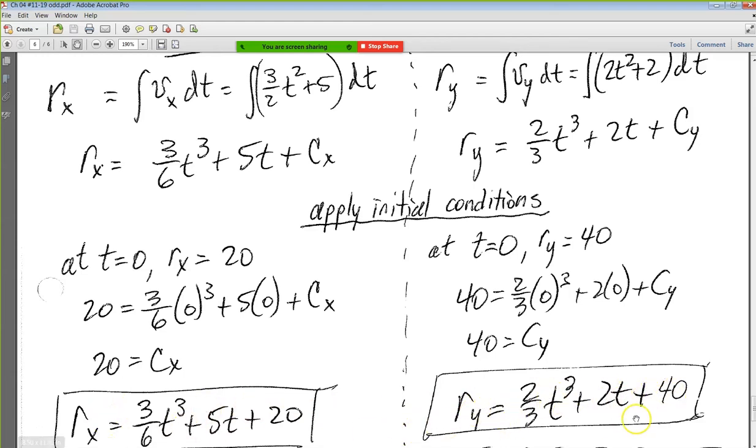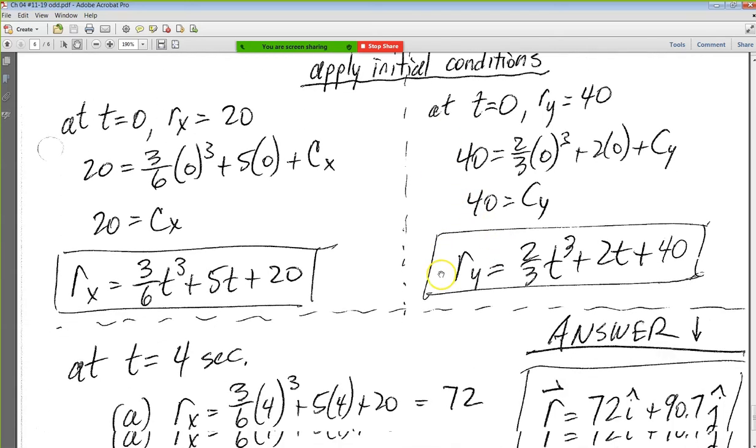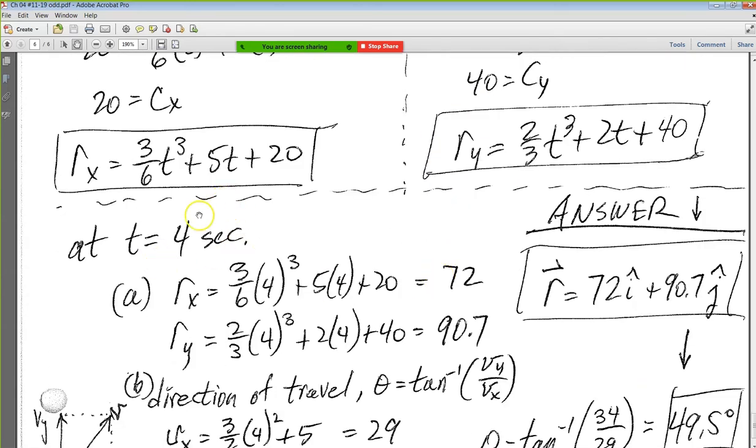These are the equations that tell me the position at all times t. So the question specifically asked me for what is the position at time equals 4 seconds. So I'm going to take my equations, plug in 4 for t, and come up with my x and my y coordinate for my position at time equals 4 seconds.